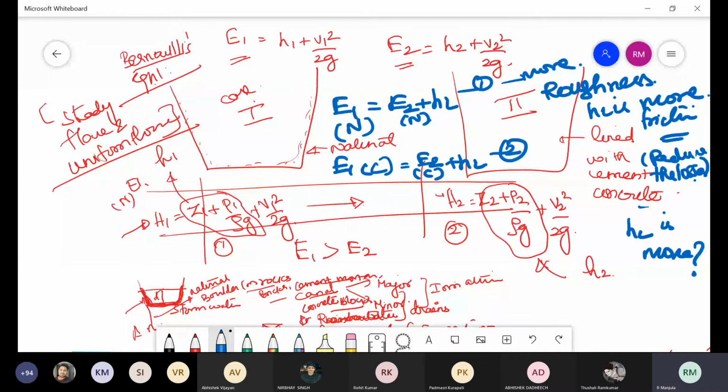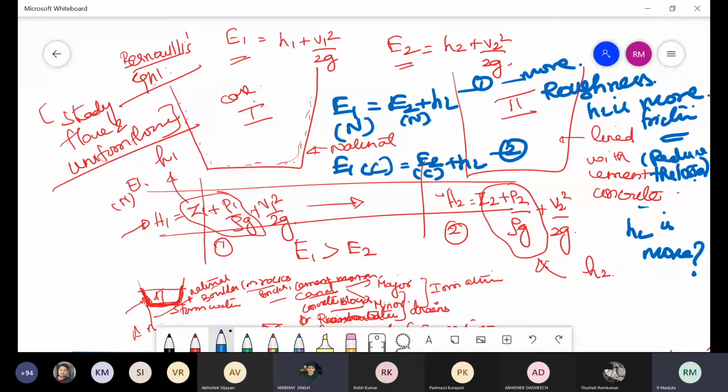When losses are reduced, what is the advantage of having that channel? You told me channel 1 has higher roughness. So which channel will I prefer for design, channel 1 or channel 2? Channel 2. Why?